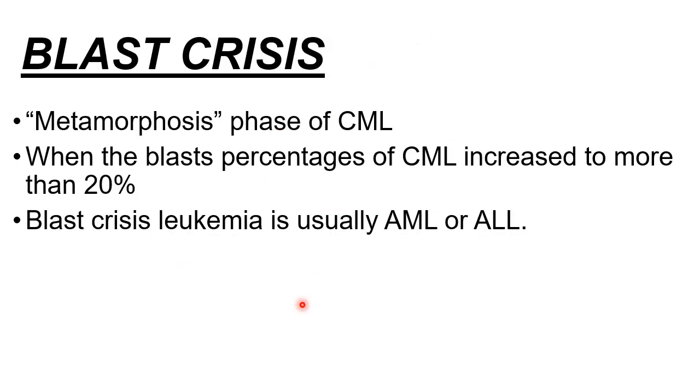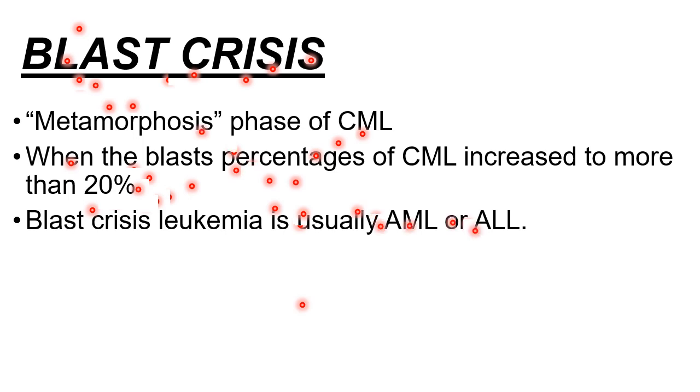Again, kanina 'di ba nabanggit ko yung cut-off natin between chronic and acute leukemia. 'Di ba dapat 20%. So, in cases of yung CML mo, dumami yung kanyang blast to more than 20%, ang tawag na doon is blast crisis. And blast crisis leukemia can be converted into AML and ALL.